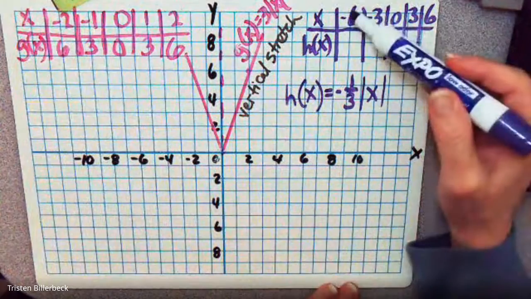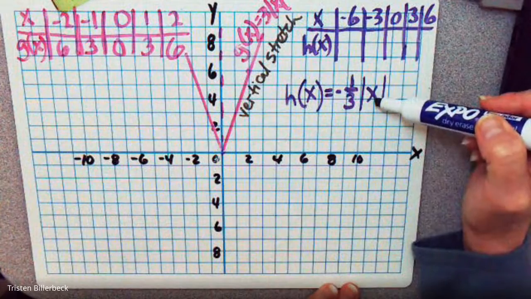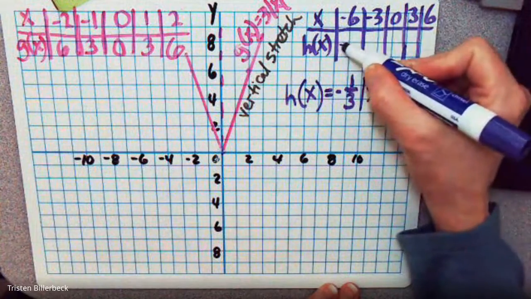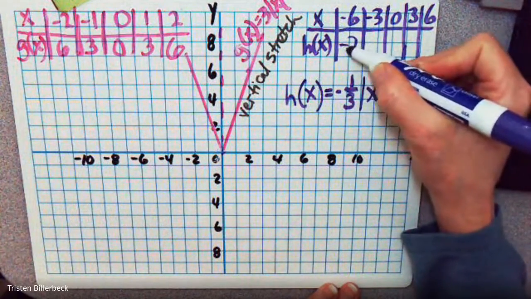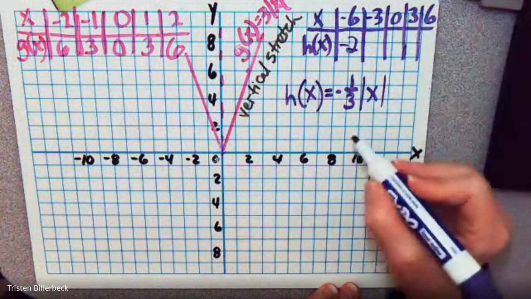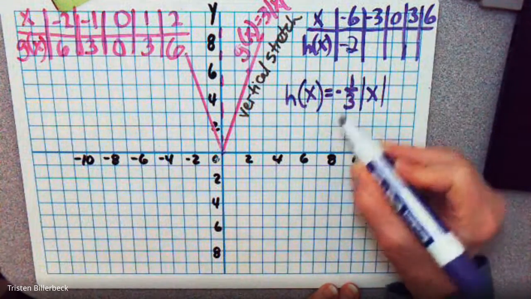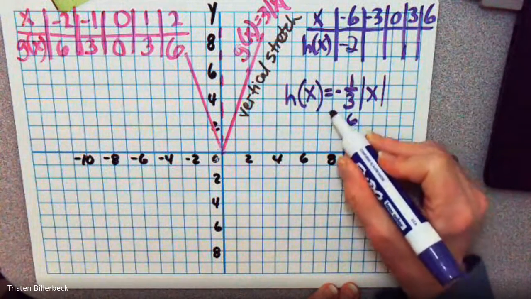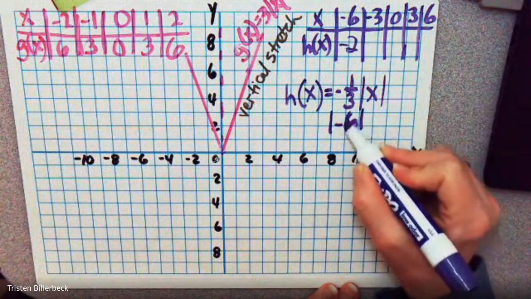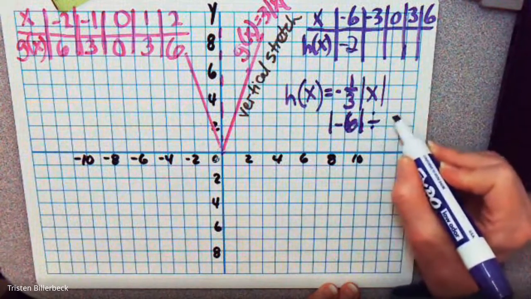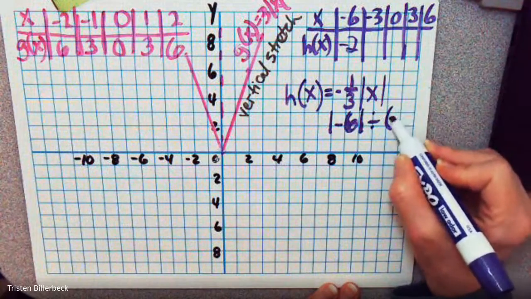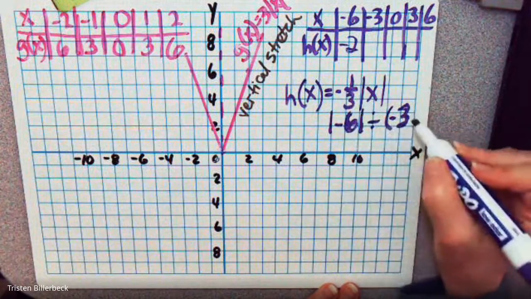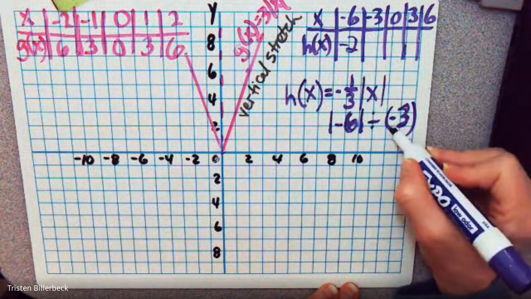So we have the absolute value of -6 is 6. -1/3 of 6 is -2. So if you didn't catch that, what I just did when I put in this -6 is I had -6, the absolute value of -6, and then I'm going to divide the output by -3, because multiplying by a -1/3 is like dividing by -3.